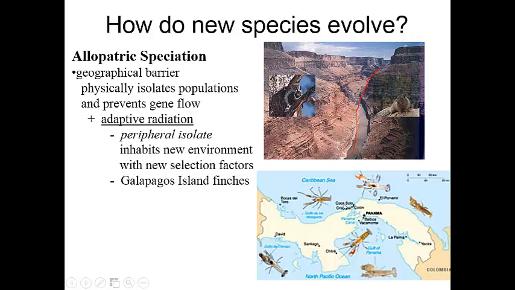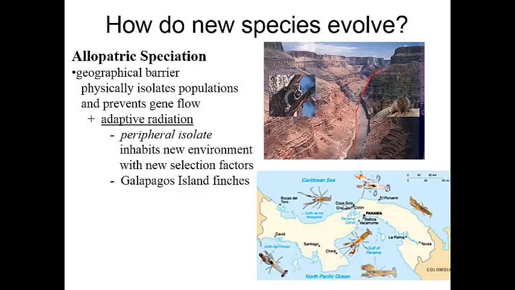Now that they're in new environments, natural selection will take place. The populations will change to adapt to the environment. Differences will accumulate, and eventually each population becomes so different that they can no longer mate and produce fertile offspring.